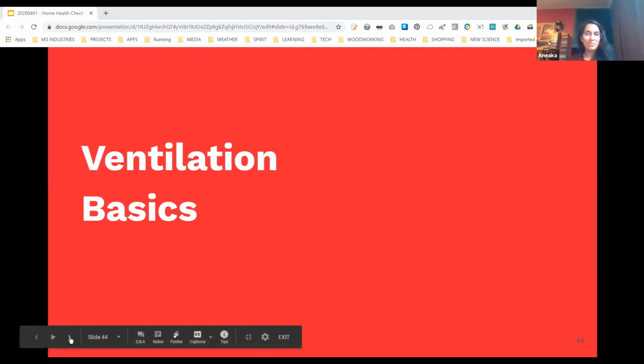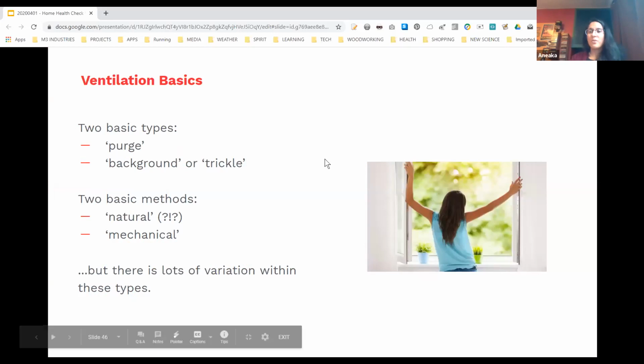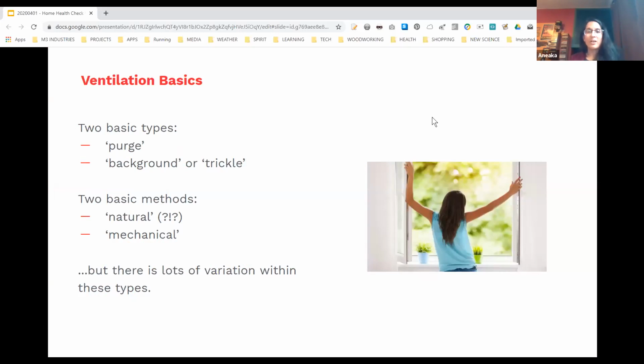So, ventilation basics. When thinking about ventilation, there are two basic types: purge ventilation and background or trickle ventilation. There are also two basic methods, natural and mechanical, but there are lots of variations within these that I will talk through in more detail.